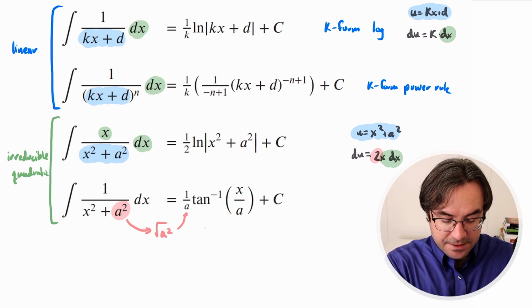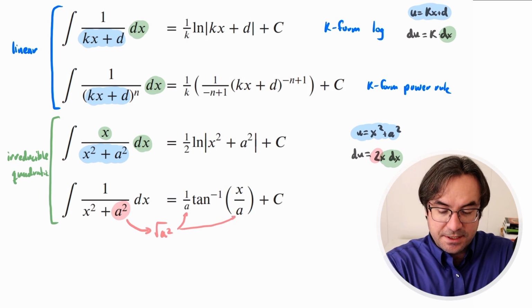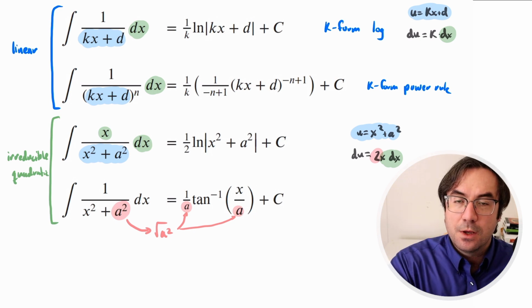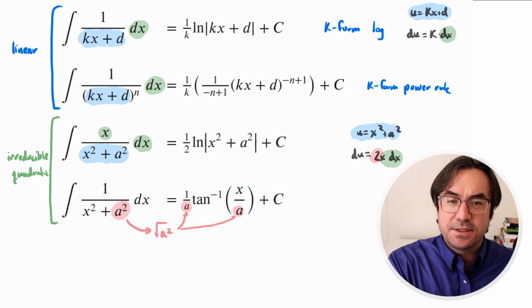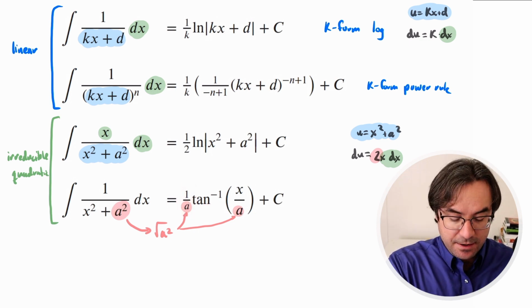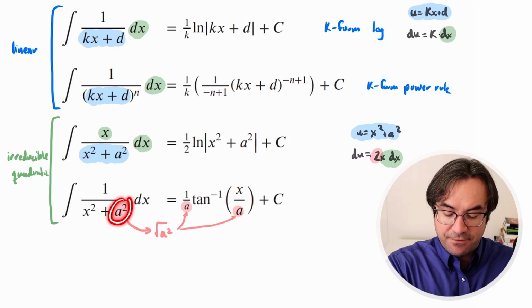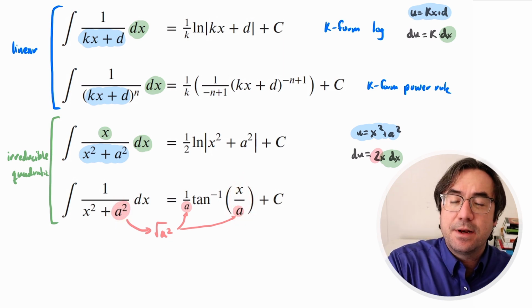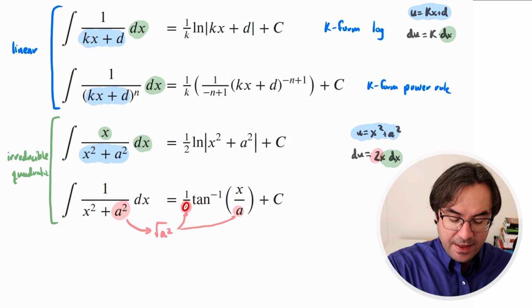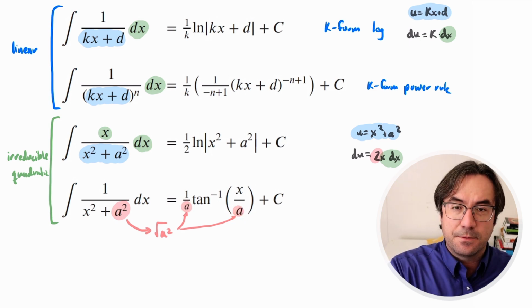That's the value that gets plugged in two places into this formula. So let's read through it. The integral of 1 over x squared plus a squared is 1 over a times inverse tan of x over a. So we take whatever number is in our irreducible quadratic, do the square root of it, and that's what we end up with here.